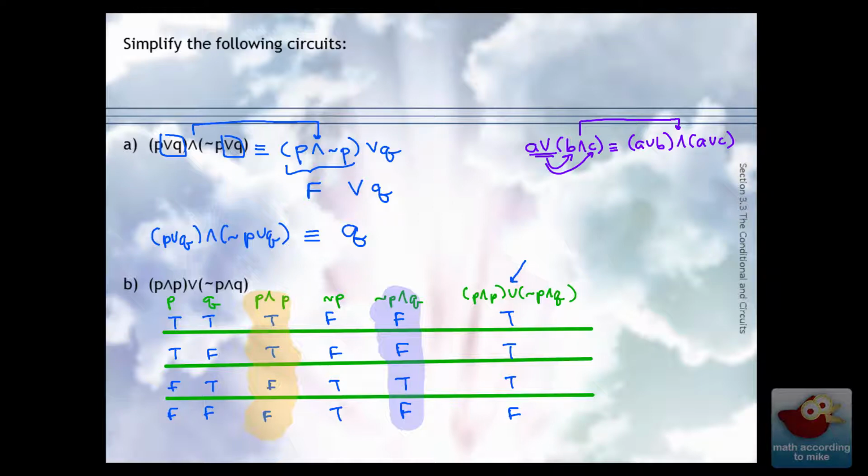So to use a truth table to simplify a circuit, you have to look for the pattern. Where have we seen this pattern before? True, true, true, false.